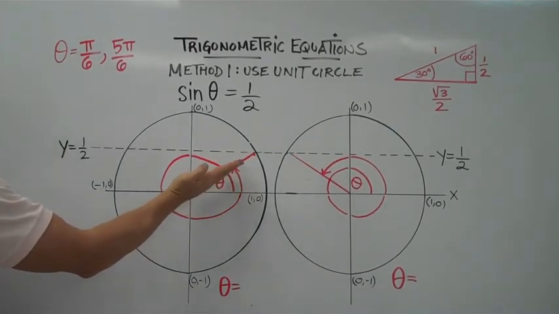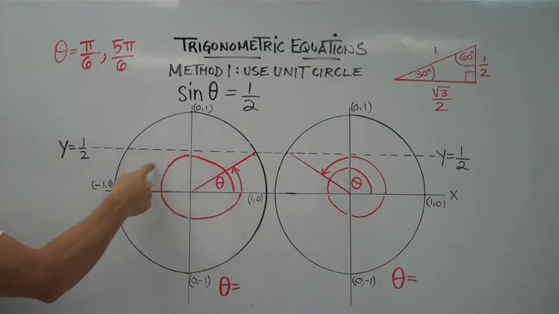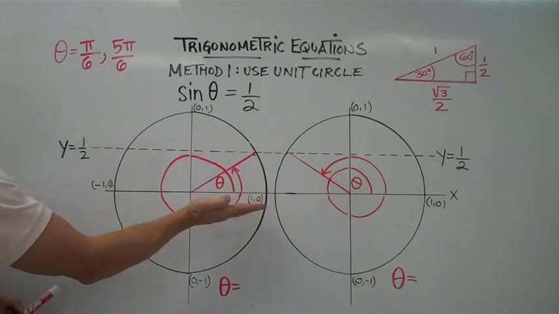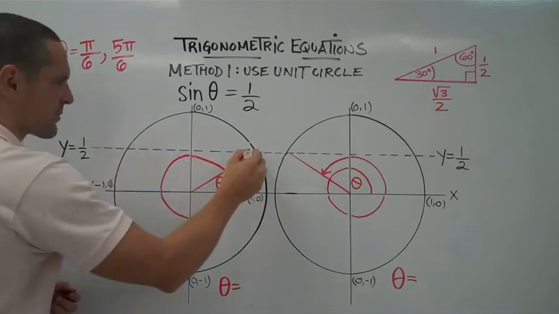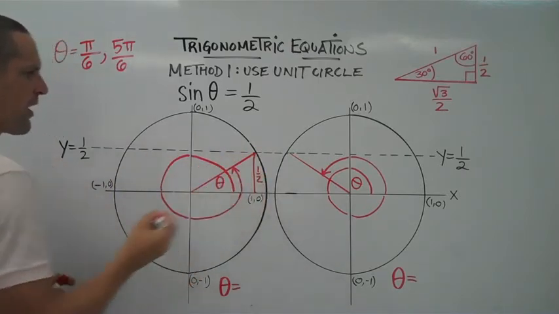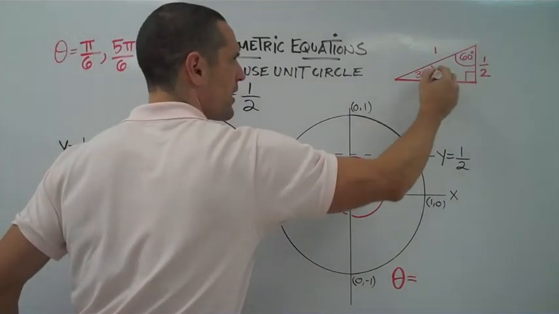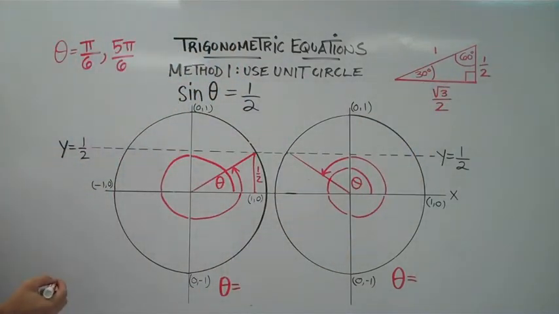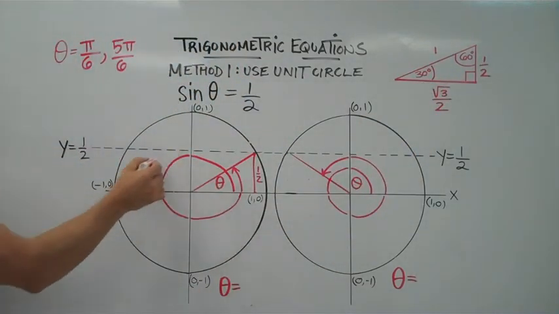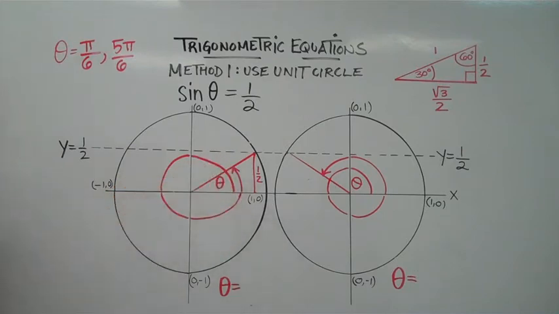We continue on with this example by opening our theta. We saw it hit here and then here. We continue opening the angle all the way up to one complete circle, which is 2 pi, and then we add another pi over 6 because this is still 1/2 here. If that's 1/2, I use my triangle and I know that angle is 30 degrees or pi over 6. So what is this angle that goes all the way around the circle once and then an additional pi over 6?